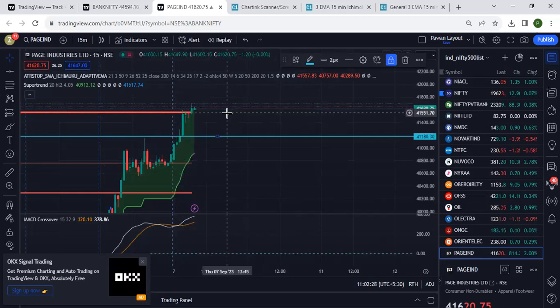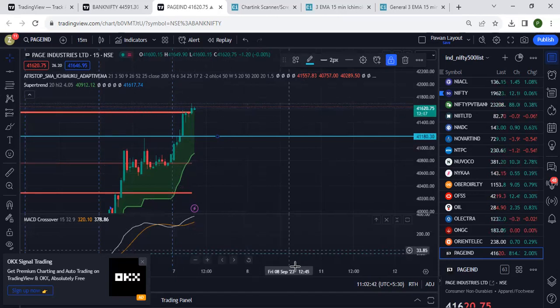Target is 41,563. It has already been achieved right now. Wait for the stock to retrace. UBA.